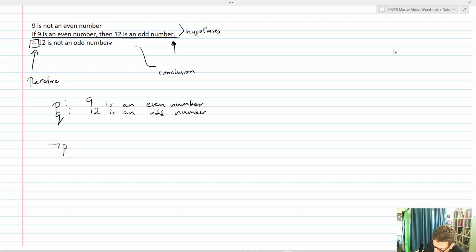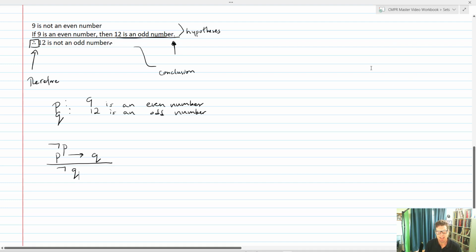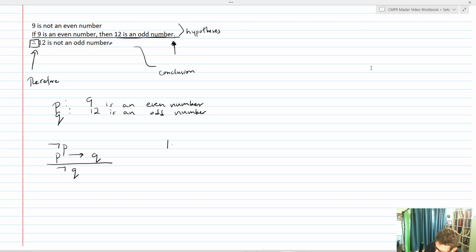And that's our first statement. And then we're going to have not P implies Q. And then the last one is going to end up being not Q. And let's ask ourselves whether or not this actually is a valid argument. Okay? Is this valid?